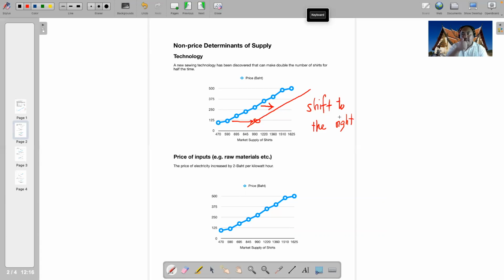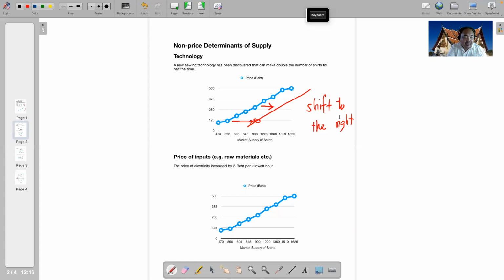Now, another non-price determinant of supply is what we call the price of inputs or raw materials. When the price of raw materials increases, generally the supply in the market will decrease for that good.